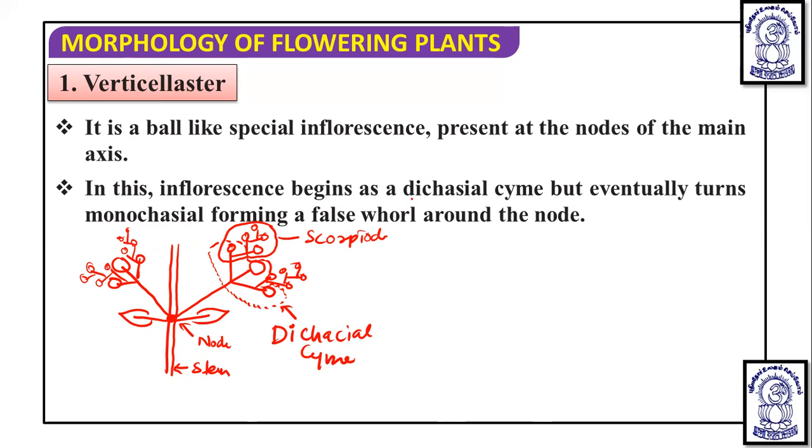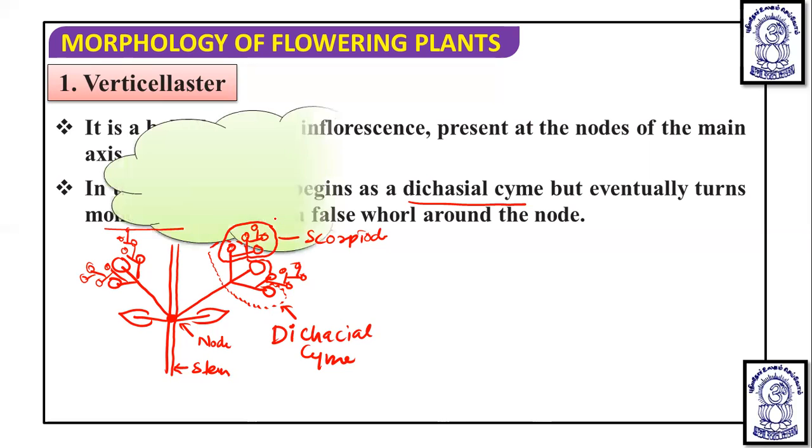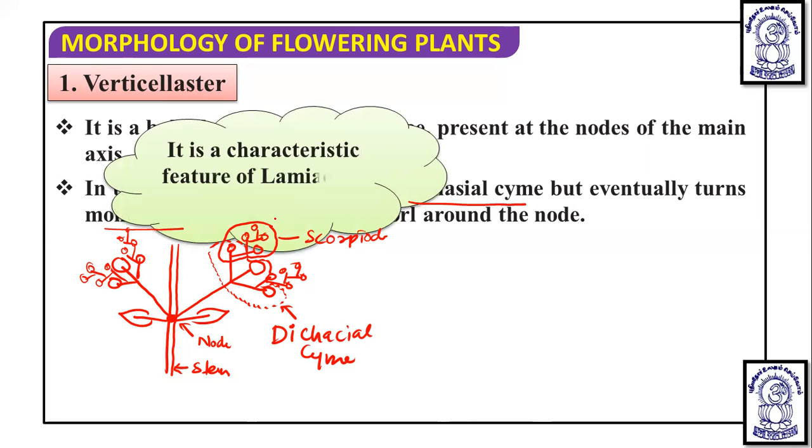So here the dicasial cyme is eventually turned into the monochasial cyme, that is specifically scorpioid. Then it is known as verticillaster. And this verticillaster, a special type of inflorescence, is a characteristic feature of the Labiatae family. Which family? Labiatae family or Lamiaceae family.